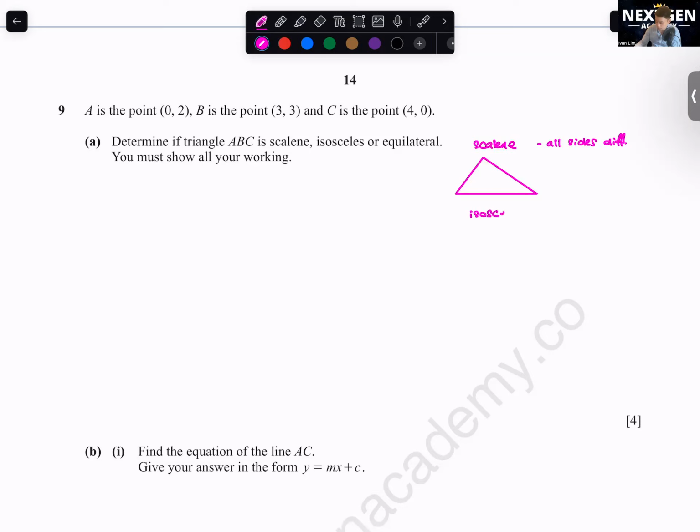Isosceles, two sides same. Then equilateral. This one you all should know already, right? All three sides same.